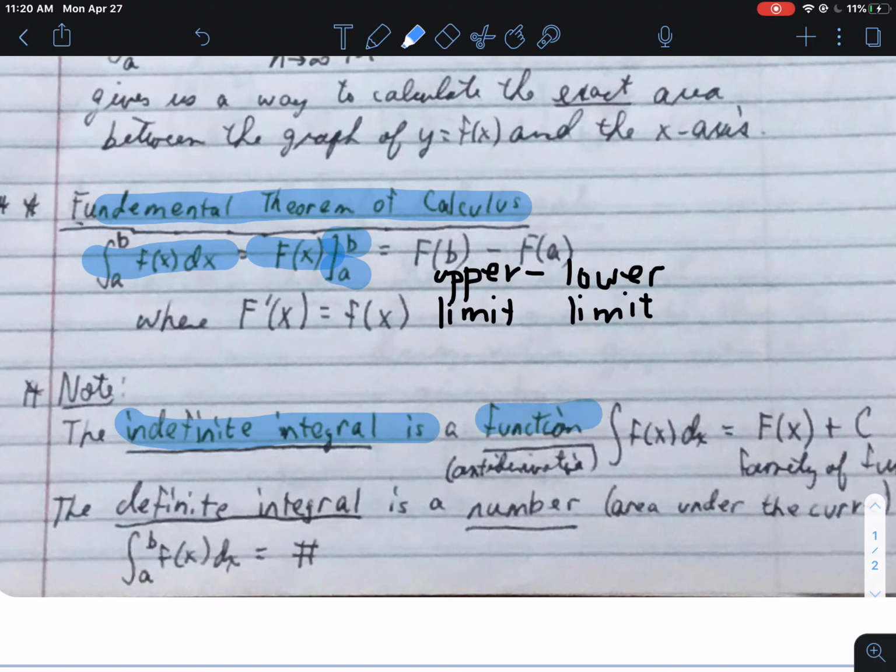Right? The definite integral, though, once you put those limits of integration, the a and the b value, now I'm able to actually calculate the area under that curve as a fixed value. Right? So once I know my starting point and stopping point for the graph, then I have a region that has boundaries all the way around it, and I can calculate the area. And that's what the definite integral is used for.